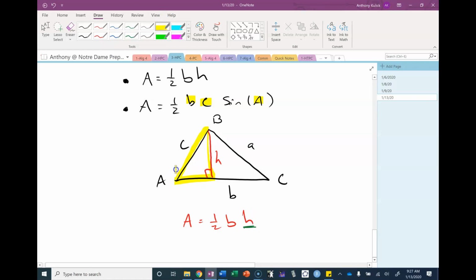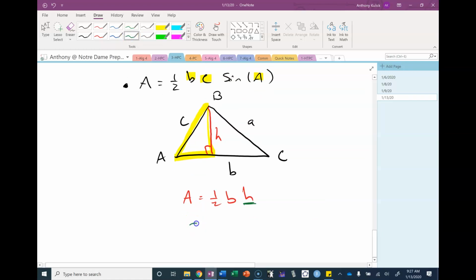So to do that, I'm going to look at this right triangle. Because this is a right triangle, I can use SOHCAHTOA. So I can say that sine of angle A is equal to opposite over hypotenuse.